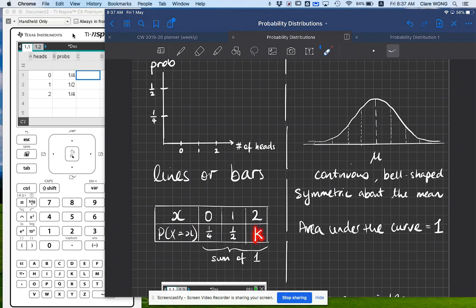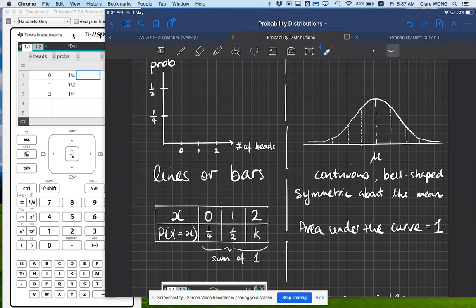Lastly, we have a letter k. And how do we figure it out? Of course, this is a simple example. You know it should be a quarter. But if it is a much bigger example with more possible values that x can take on, then you will have a much longer table.